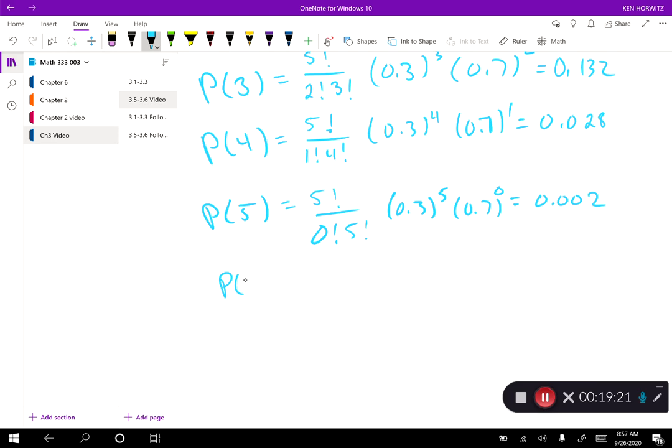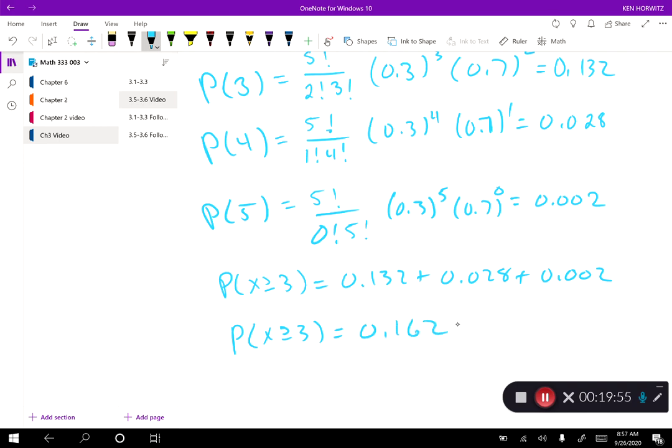So probability that x is greater than or equal to 3 is going to be 0.132 plus 0.028 plus 0.002. So why don't you add them up and we'll see how we do. Okay, so the probability that x is greater than or equal to 3, I got 0.162. And there's your answer.